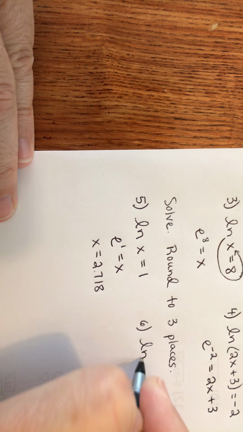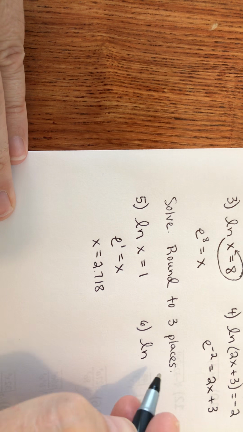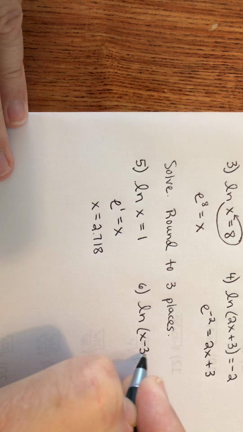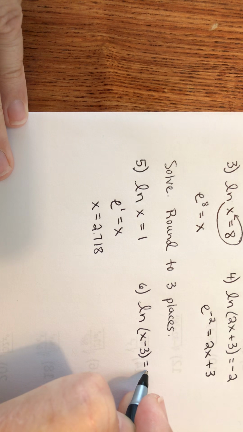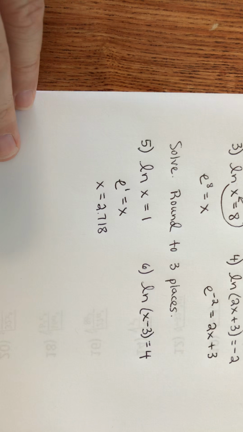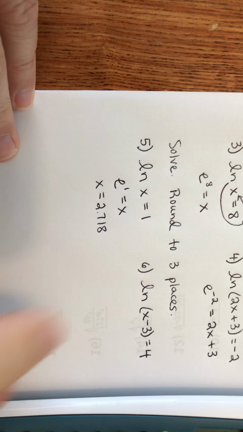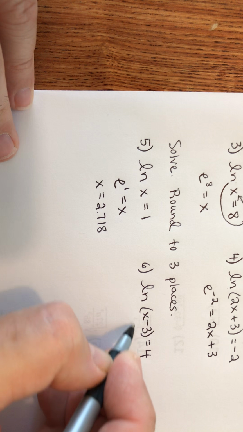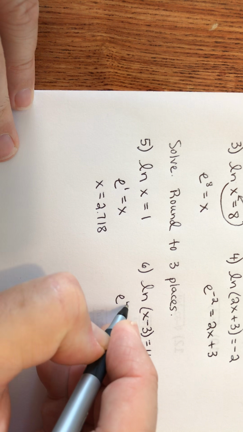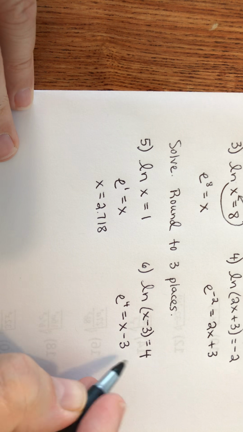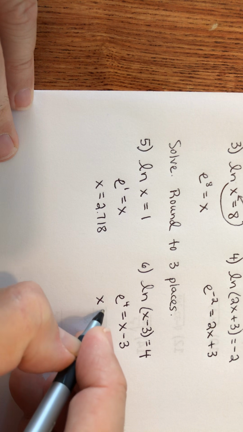All right, so natural log of, let's say, x minus 3 equals 4. I can't type this in my calculator the way it is, so I'm going to write it in exponential form. The base of the natural log is e, so it'd be e to the fourth equals x minus 3. If I'm solving for x, I'm going to add 3 to both sides.